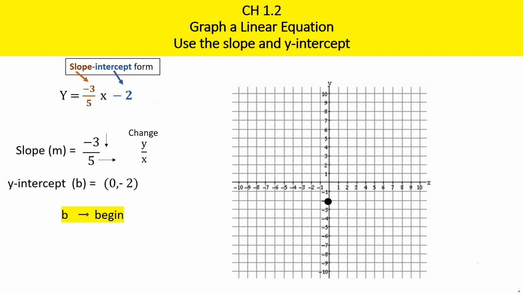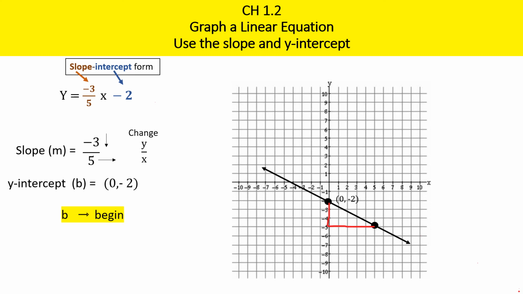And our movement is in the y direction, negative, which is down, 3 places. And also x now to the right 5 places. So we're going to now go down 3 and over 5. And that's where our second point is going to be.